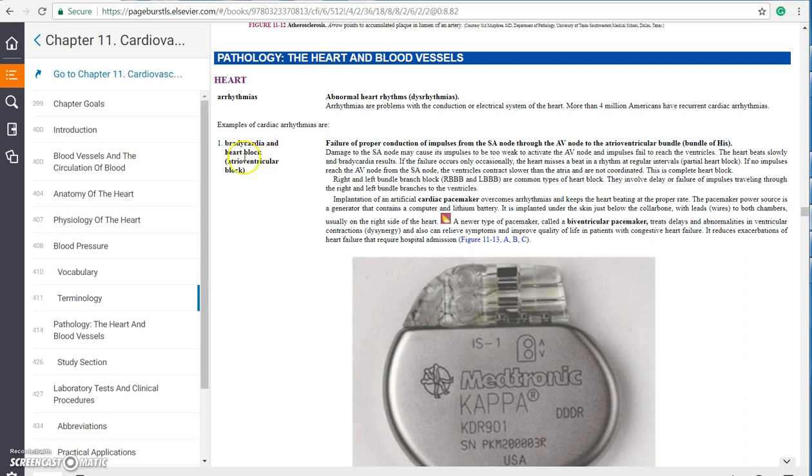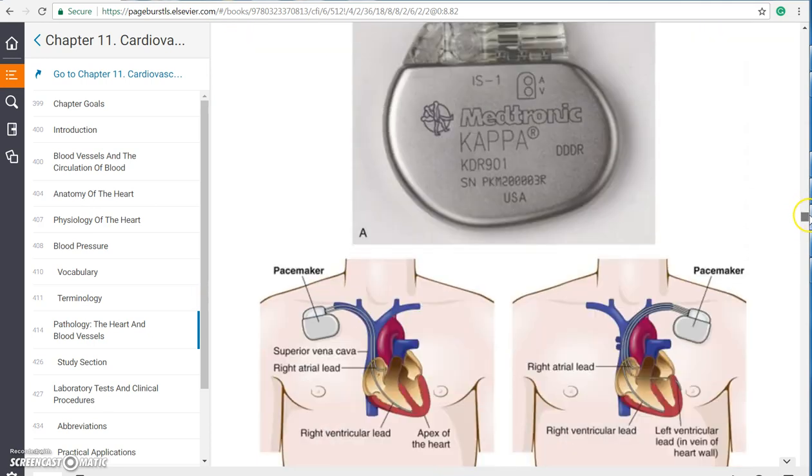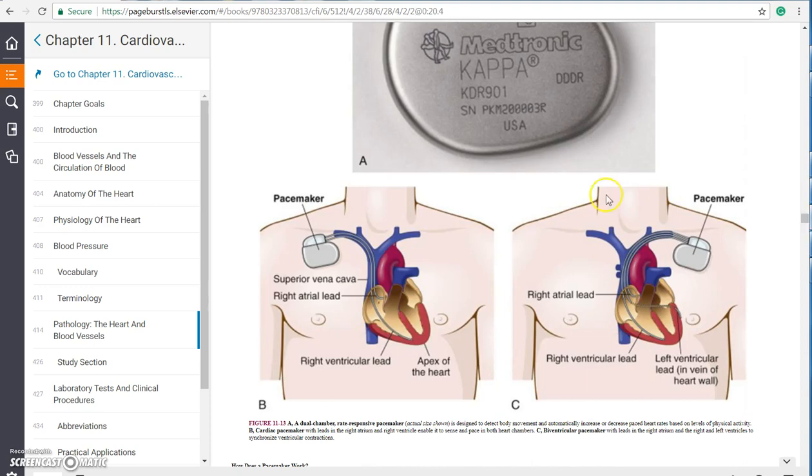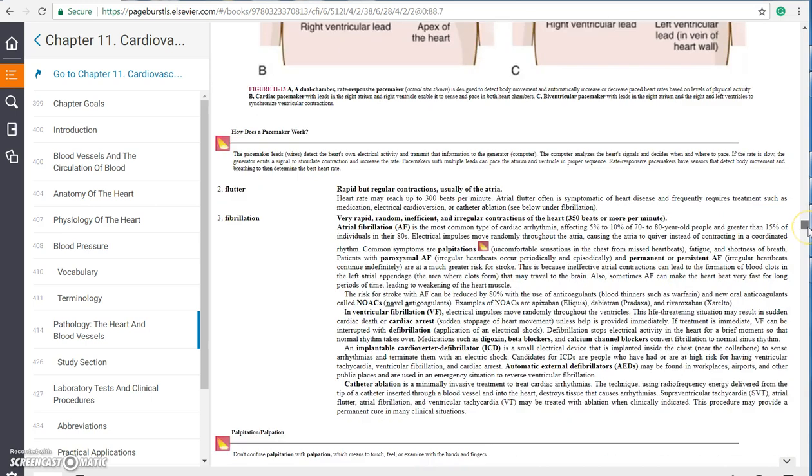For instance, somebody may suffer from bradycardia, where they have the slowness of the heart, or the electrical transmission is not at a steady pace, and the heart slows down in response to that. One of the reasons, again, why somebody may require a pacemaker. A flutter, a rapid but regular contraction, usually of the atria.